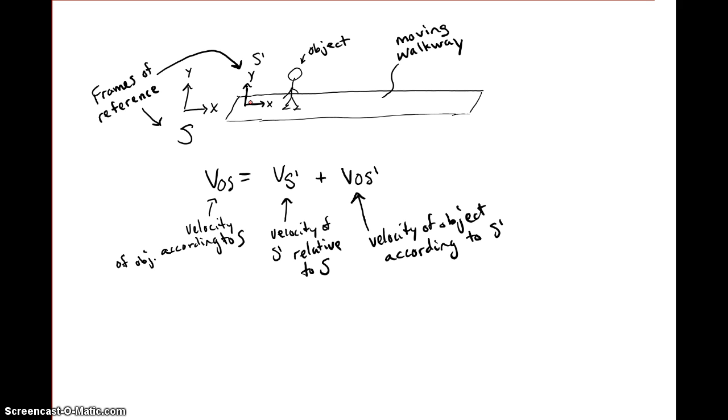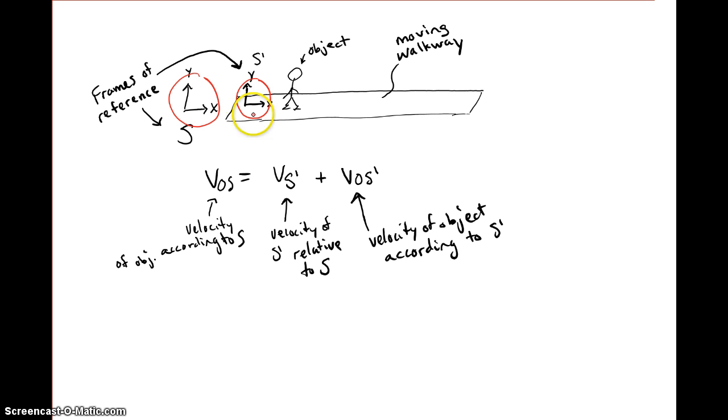One way that we could figure out the velocity of this object in frame S is by adding up two other velocities. If you look down here, the velocity of the object in frame S, or according to someone who's standing over here, would be equal to the velocity of this frame with respect to frame S. So how fast is this moving away from this?